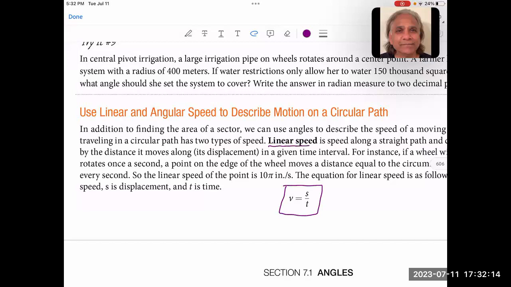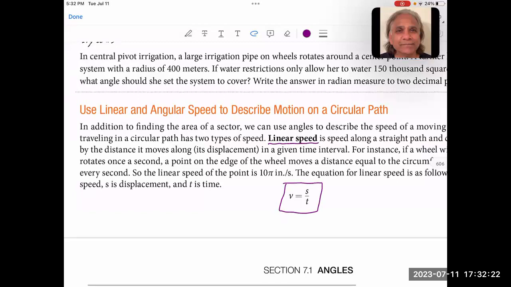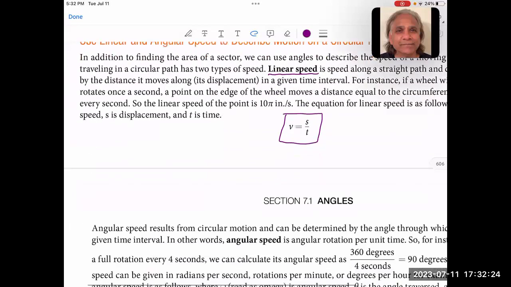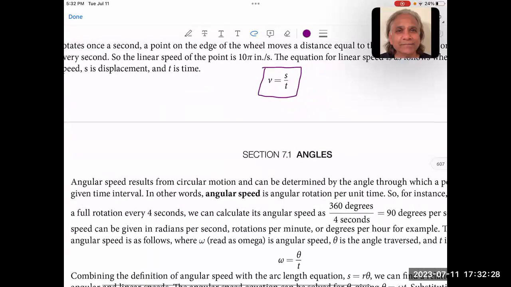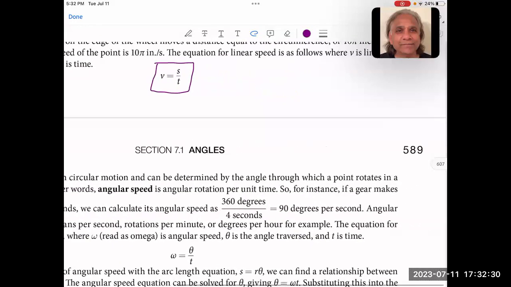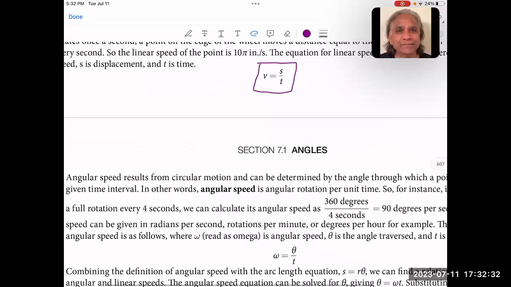Linear speed is equal to the distance that you cover divided by the time that you take to cover that distance. Now, instead of going along a straight line, if something is moving along a circle, so for example, let's say that this is a disk which is rotating around the center.